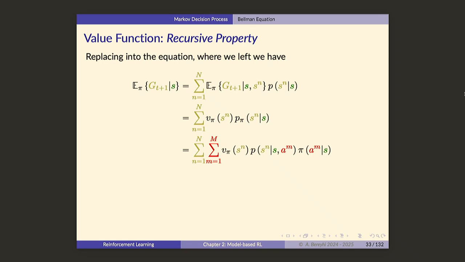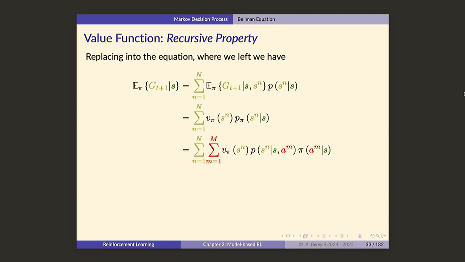Now if I replace this function here with my value function, v pi, what should I change here? I replace f only with v pi, right? Do you see this expression in the slide? The second line, right?